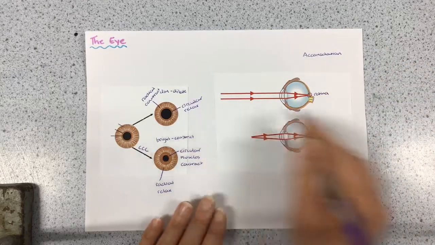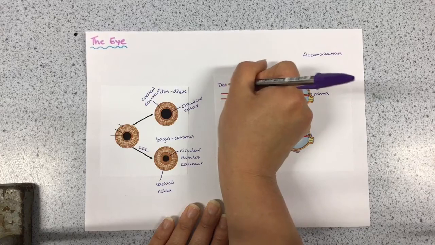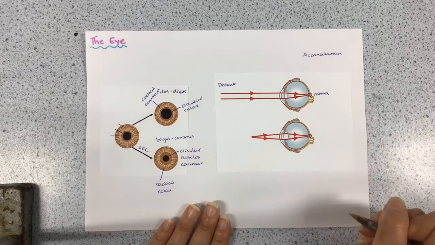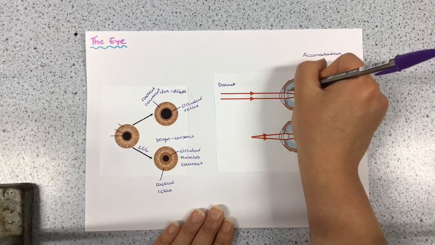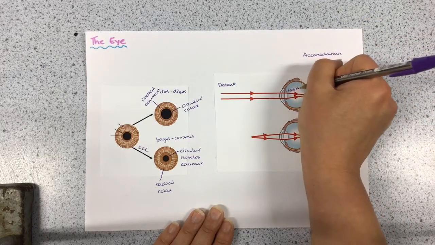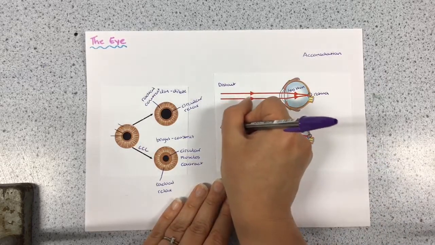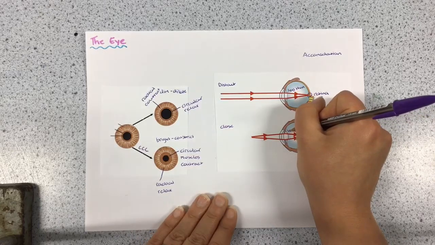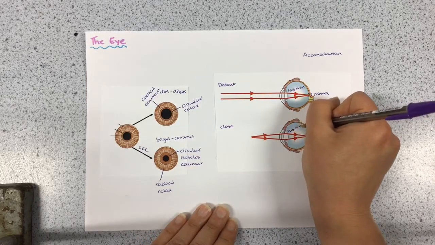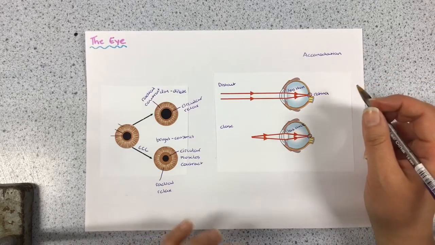If you are focusing on a distant object, we need to make sure that our lens is thin. If we are focusing on a close object, we need to make sure that our lens is thick.